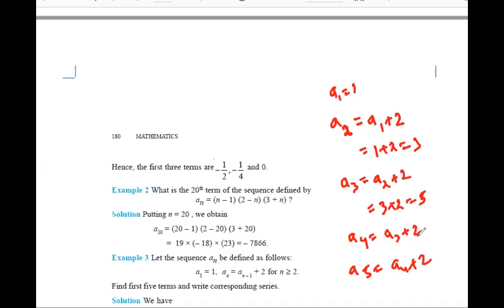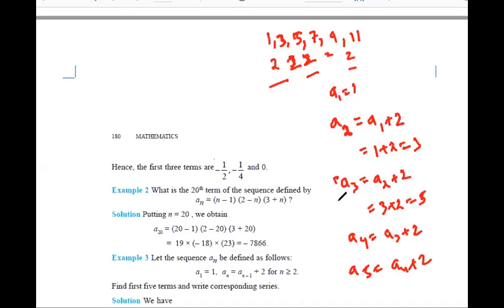Yes, very good. 1, 3, 5, 7, 9, 11. So see, 3 minus 1, 2. 5 minus 3, 2. 7 minus 5, 2. 9 minus 7, 2. 11 minus 9, 2.